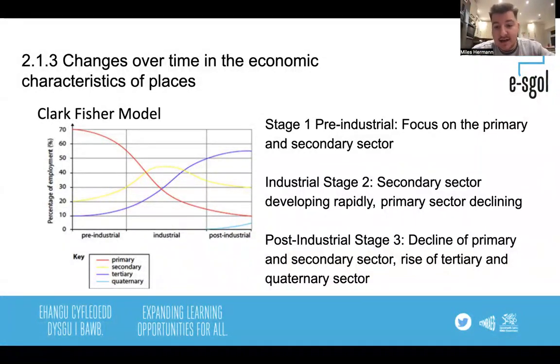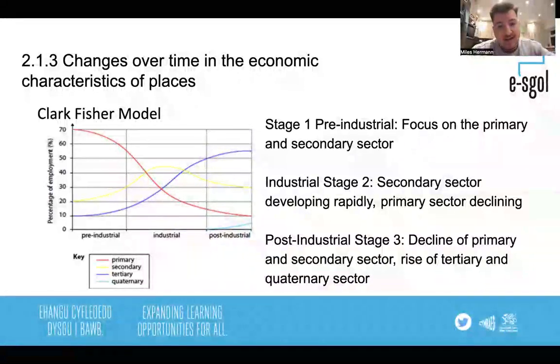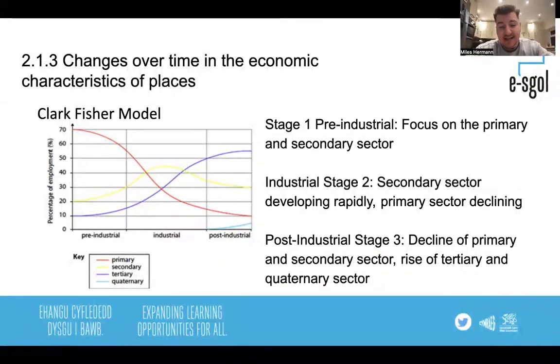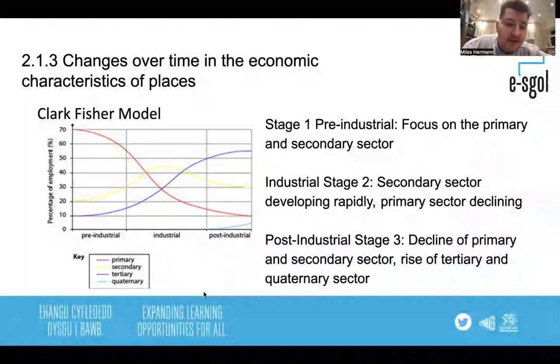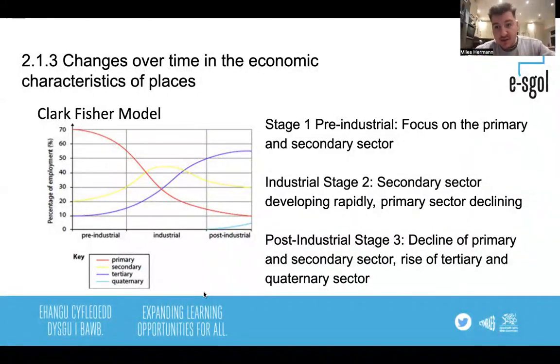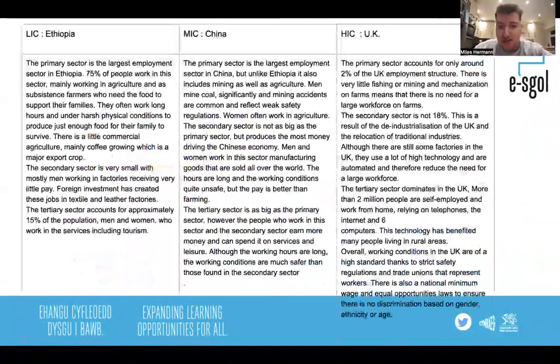Post-industrial, we can see a decline of the primary sector heavily here. We can see the rise of the tertiary sector, declining secondary sector, but we do start to see this new sector emerge, the quaternary sector. It's important to note this model isn't, however, applicable to all countries around the world.